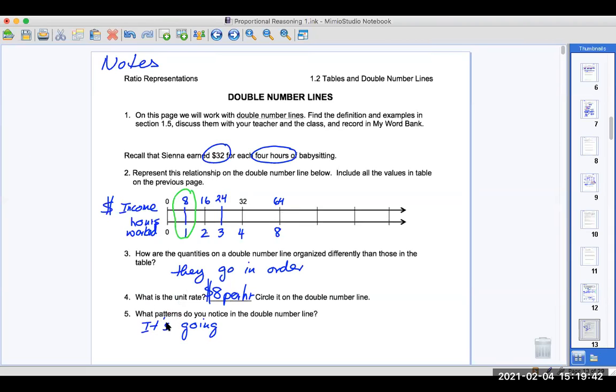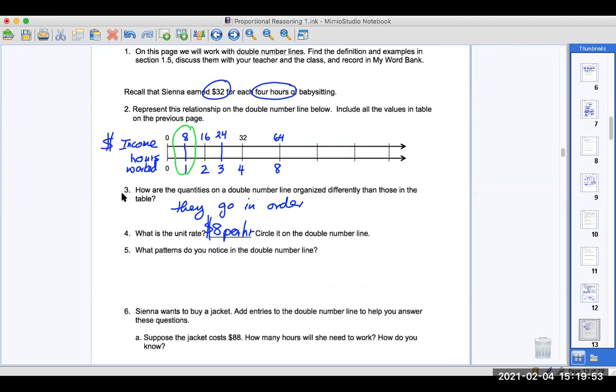And I shouldn't say it's, the income is going up by 8. We want to be precise with our verbiage, with the way we talk in math. Precision is super important. So I'm going to be a good role model. It is a pronoun, I think. That's what they call it. And it just describes something, but it could be ambiguous. It could be meaning other things too. The income goes up by 8. So there we go. And the hours go up by 1, right?